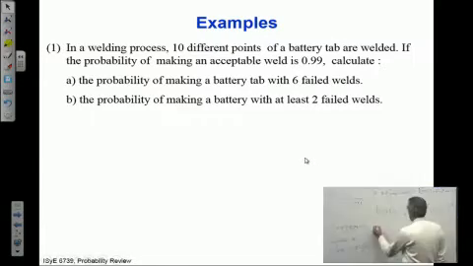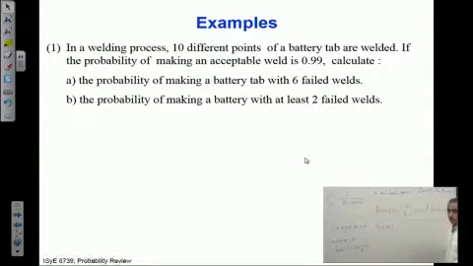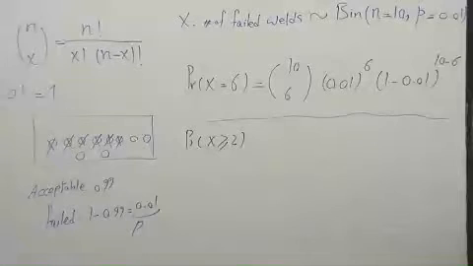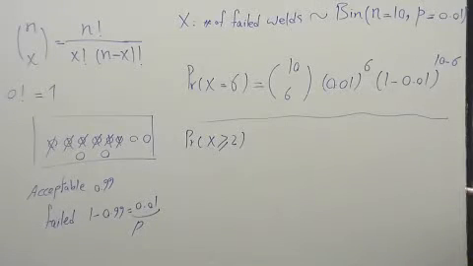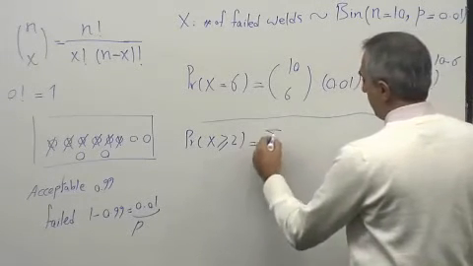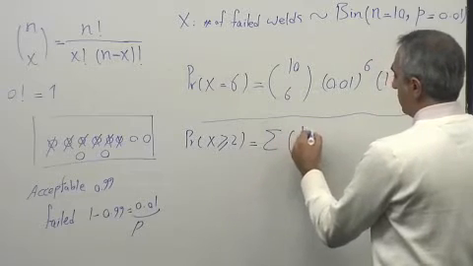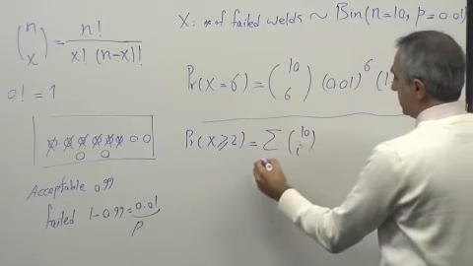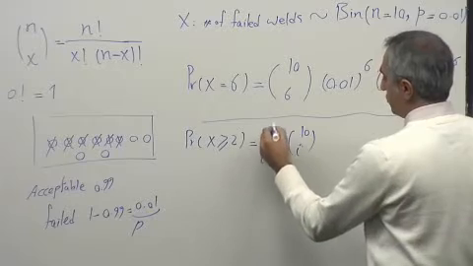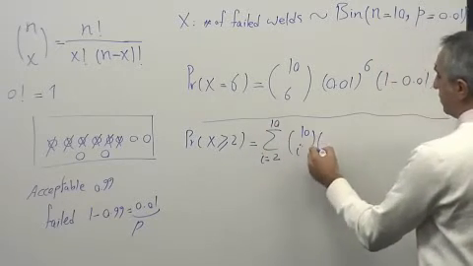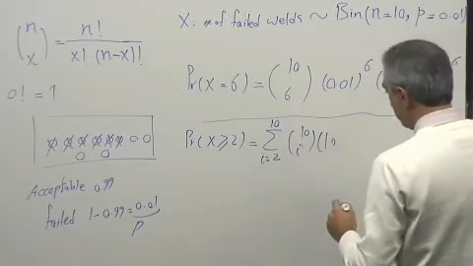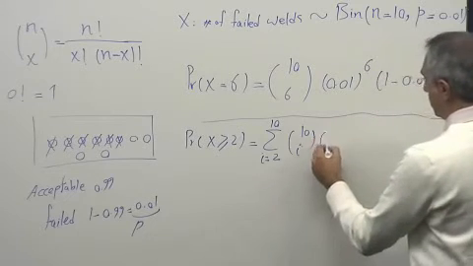So it means probability of x greater than or equal to 2. That's at least. It could be 2, 3, 4, up to 10. So that's one way to find the probability: you need to add up from 2 to 10. Do this summation.